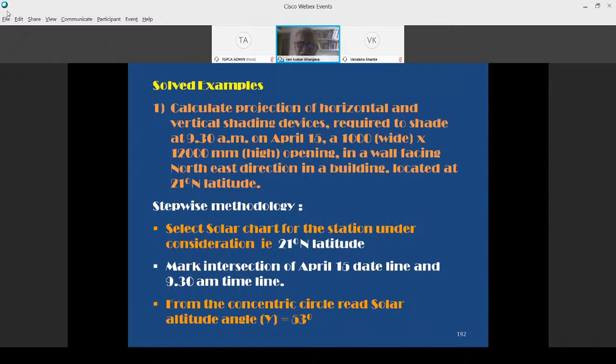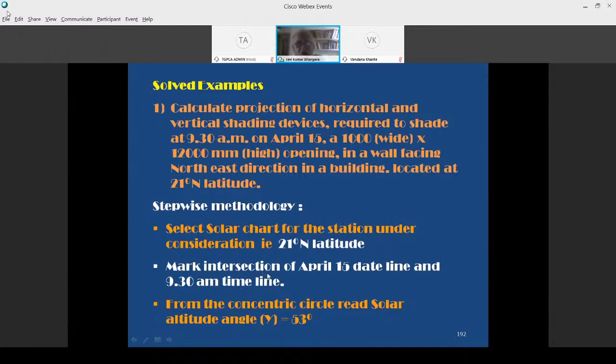Then you have a line for April, you have a line for March. So draw another line in between the March and April lines. That will be for March 15. Otherwise, we will have to change this date; keep it 15 or whatever you want.